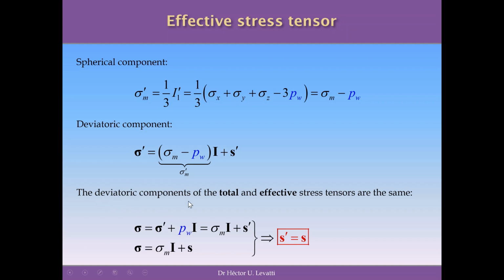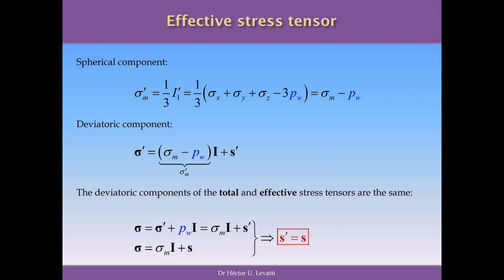But there is a consequence if you study in more detail all these equations and all these expressions for the tensor: the deviatoric components of the total and effective stress tensor are the same. And what does this mean exactly? The deviatoric component of the total and effective stress are the same because the pore water pressure is spherical.